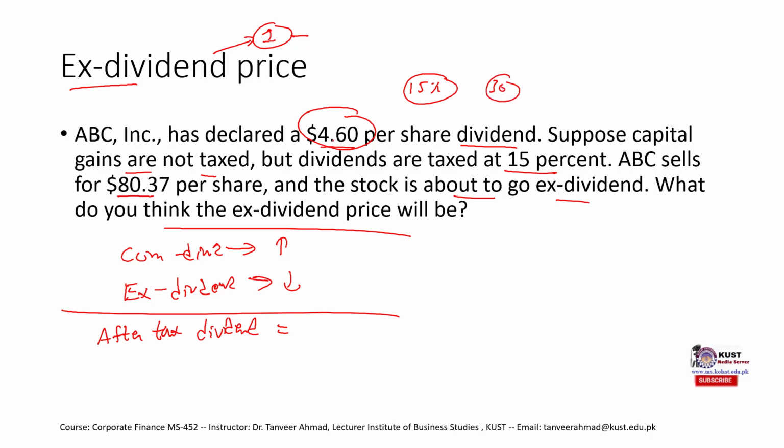Okay, so if this dividend is 4.6, then we need to find out the dividend per share after deducting tax. So that would become the after tax dividend. So this would be 4.6 times 1 minus 0.15, and we would have 3.91. So this amount would be the after tax dividend. We would receive this amount after deduction of tax. Now we need to calculate the ex-dividend price.